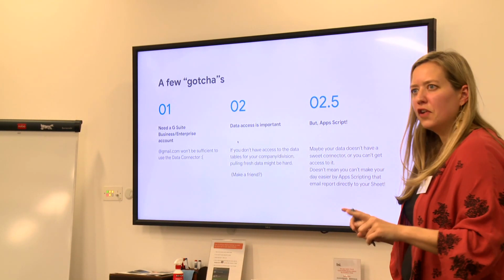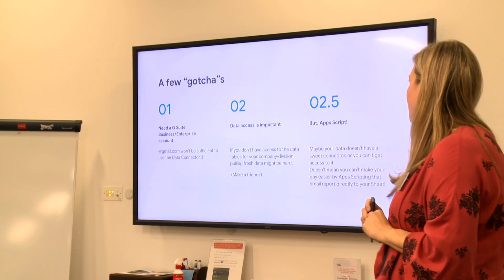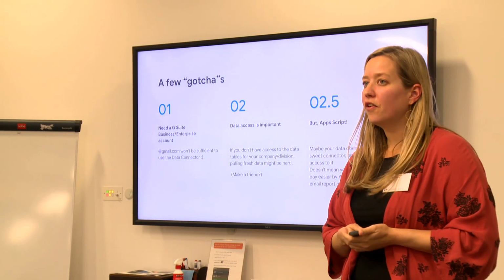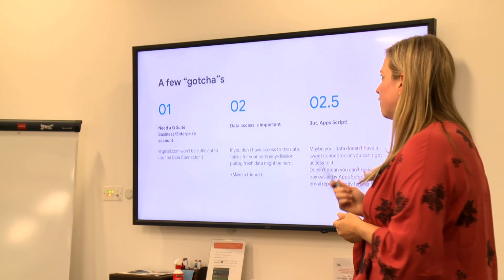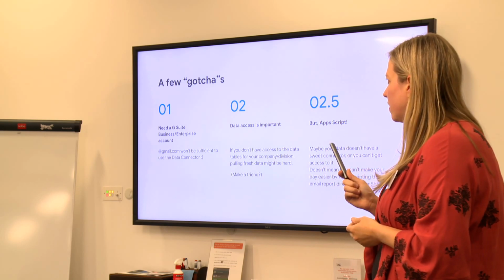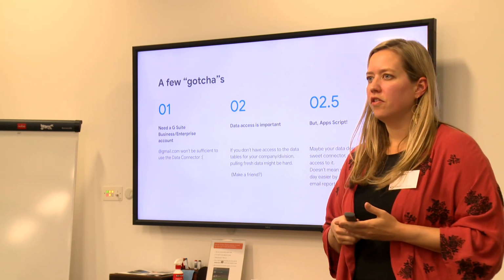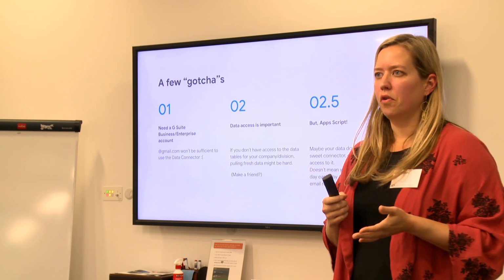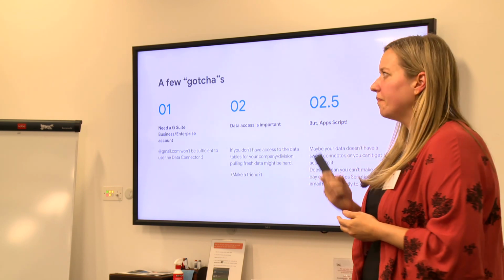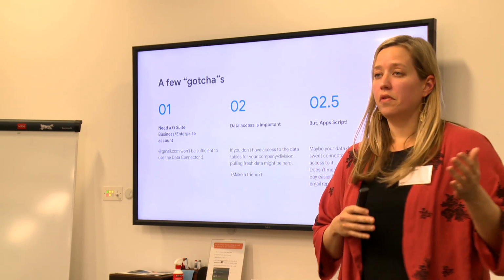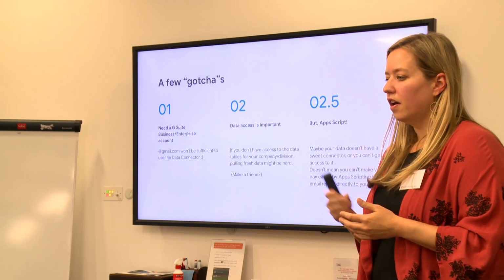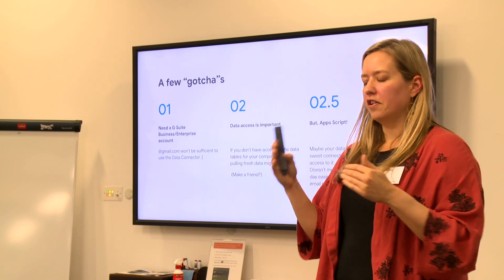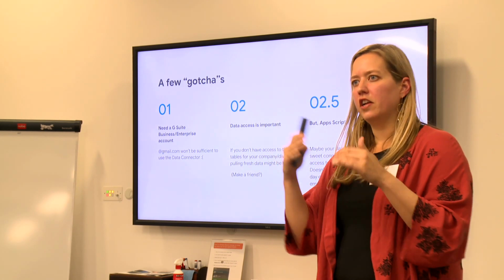I do have a few gotchas. There's always gotchas. Specifically, the data connector is a feature currently in the G Suite Business and Enterprise accounts, also for Education, but a Gmail account won't work with it. So everything I showed you in the first demo is free, other than Cloud Natural Language, which does have a free tier, and you need an account.